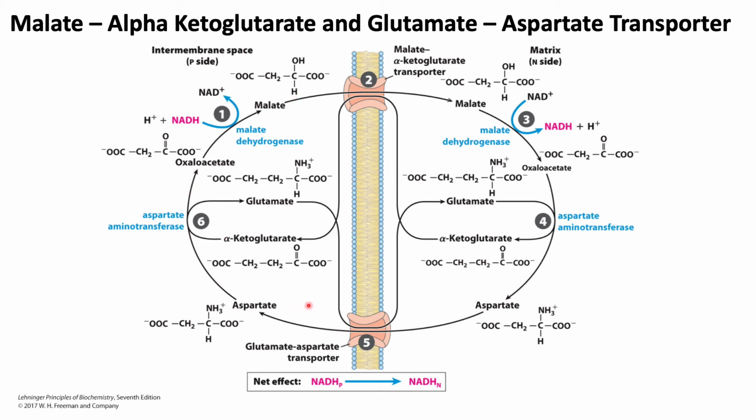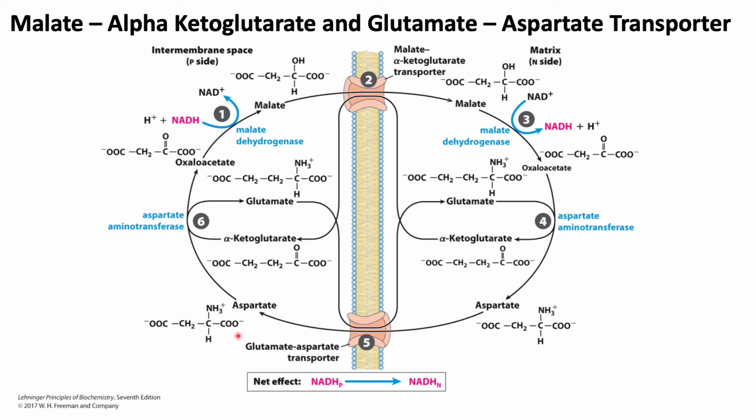So the aspartate is converted to oxaloacetate with the same enzyme, aspartate aminotransferase. So going back to where we were forming alpha-ketoglutarate, the alpha-ketoglutarate is able to leave the matrix through the malate alpha-ketoglutarate transporter. So now we have aspartate and alpha-ketoglutarate on the inner membrane side.